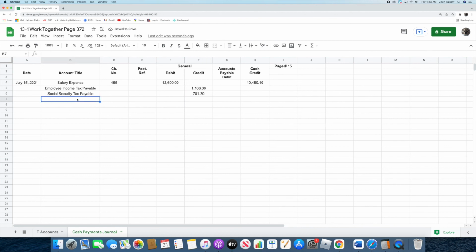And the last payable liability is Medicare tax payable. And the amount is $182.70. And these four credits, when added together, should equal this one debit.